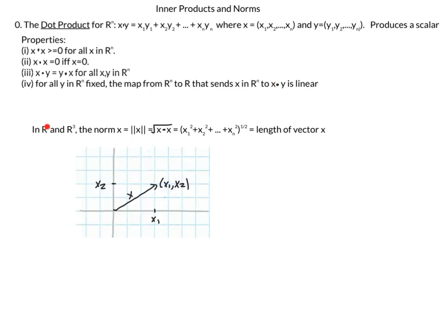And when n is equal to 2 or 3, in other words, we're in R2 and R3, we have something called the norm of x, which we denote with these double absolute values. So the norm of x is equal to the square root of x dot x, which is equal to the square root of x1 squared plus x2 squared up to xn squared. So this is the idea of length of a vector x that you're used to.